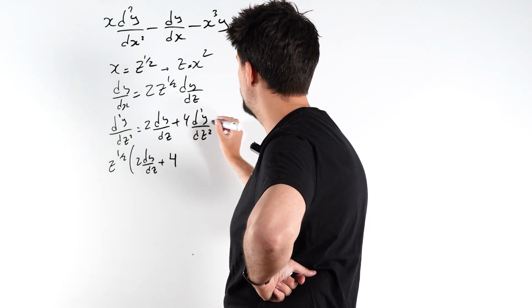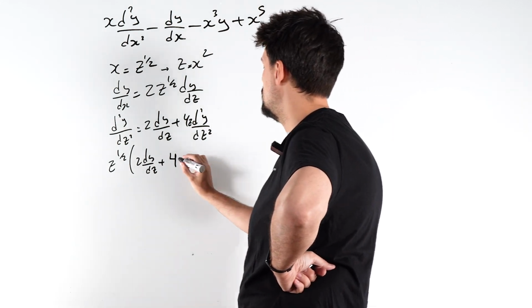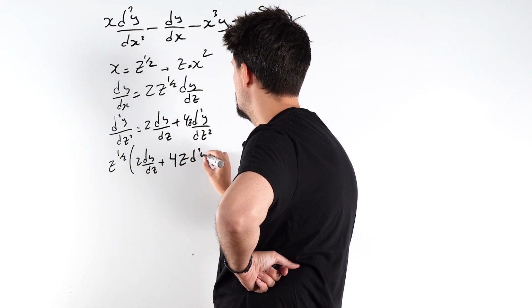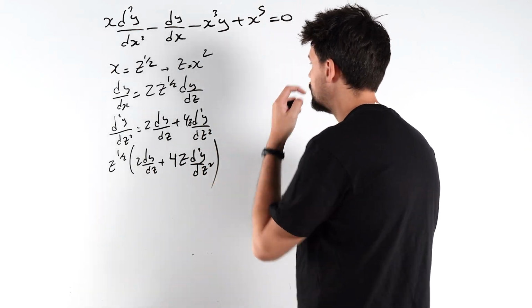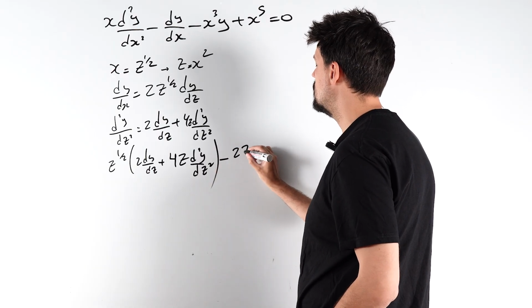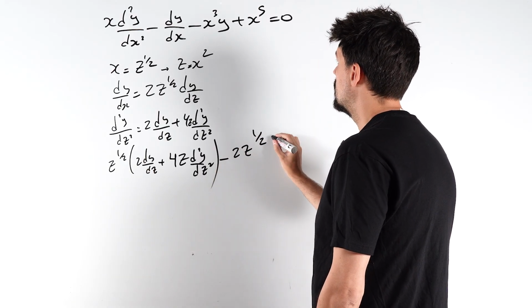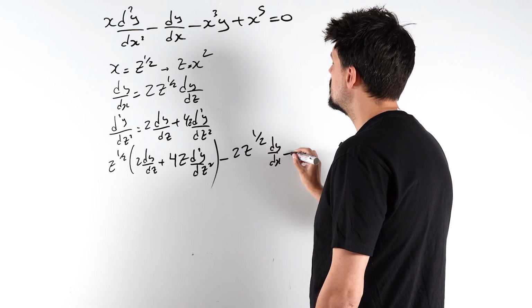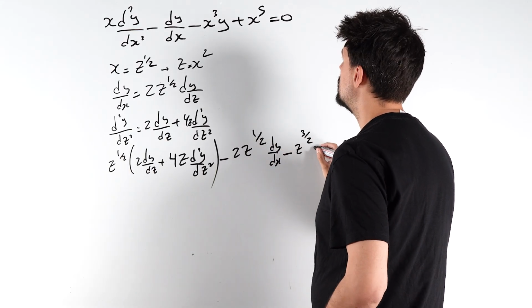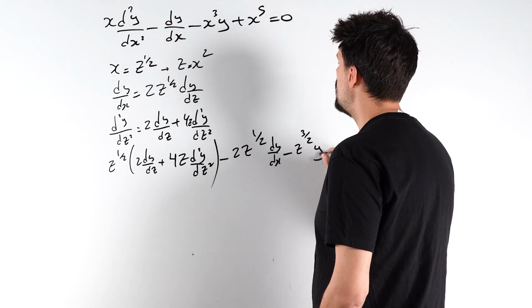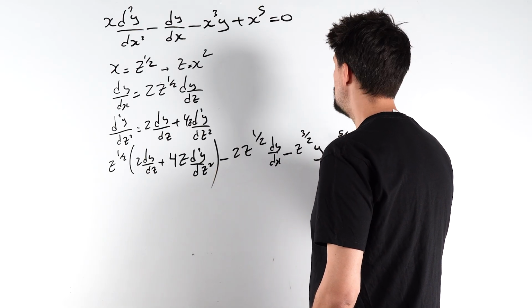It's 4z d2y/dz squared, that's what it was. There we go. Minus 2z to the 1/2 dy/dz, minus z to the 3/2 times y plus z to the 5/2.